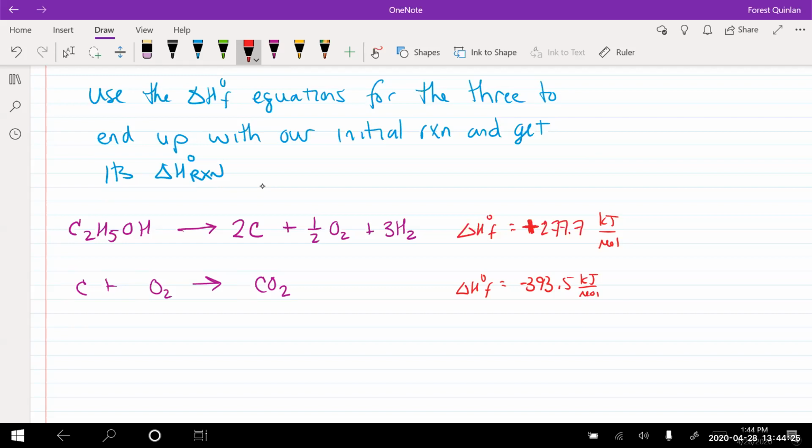And then note that because we have 2 carbons and we need those to cancel out so we don't have anything bad going on there, we should multiply this whole thing by 2. Which means if we do it to one, we have to do it to the other. So again, trying to get the 2 carbons there to cancel out the 2 carbons there.